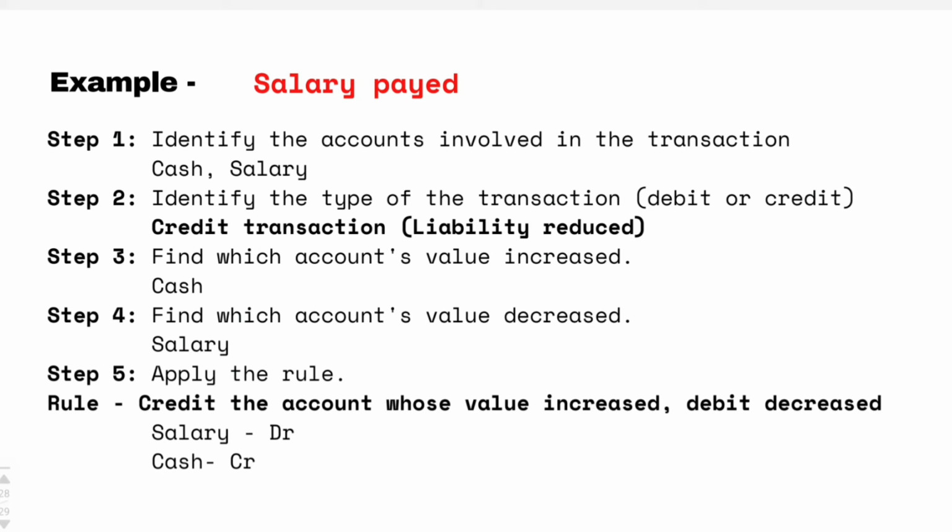For example, see over here, salary paid. When you hire a person, you are liable to pay salary at the end of the month, right? So at the beginning of every month, a liability is created for the business to pay that person at the end of the month. Now, when you finally decide to pay it, you are having a reduction in that liability. Your liability towards your employee is reducing.